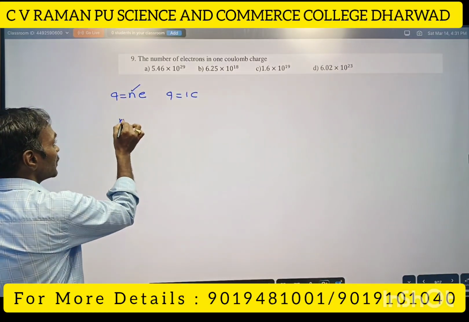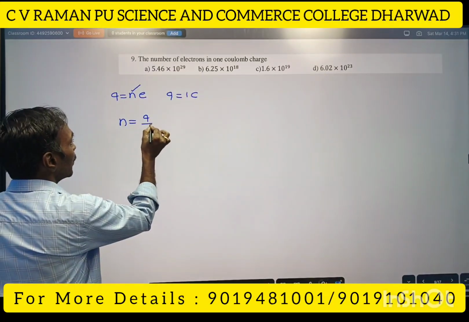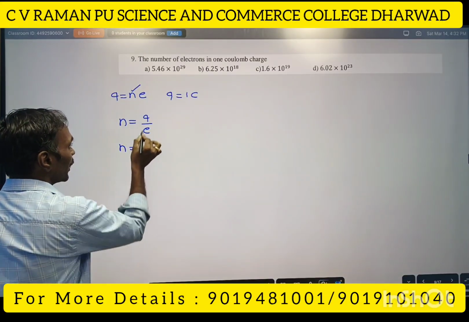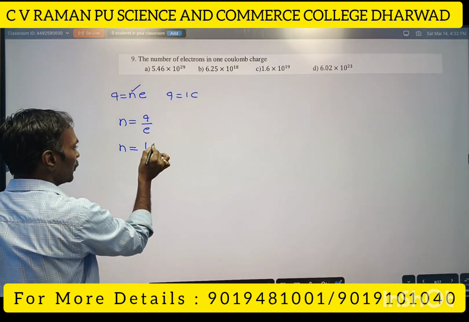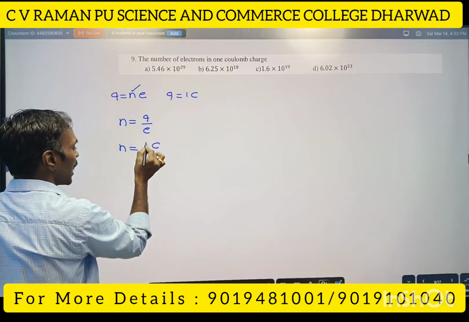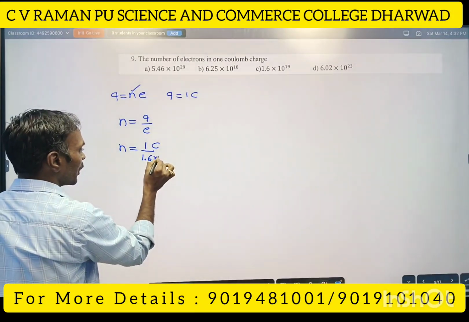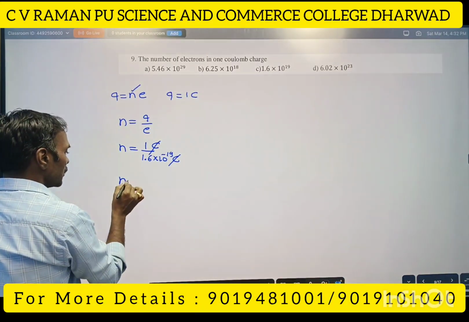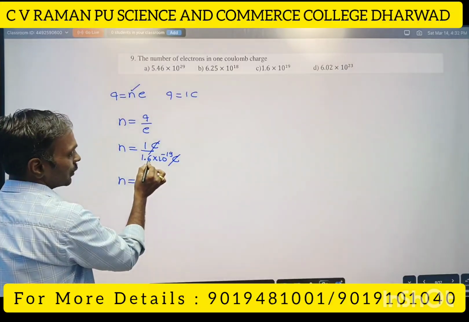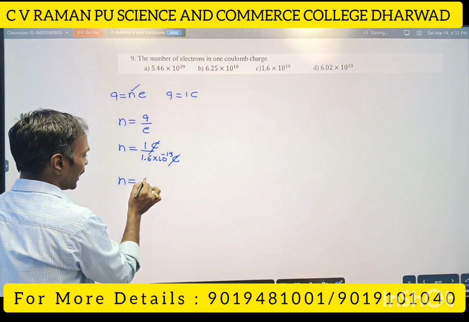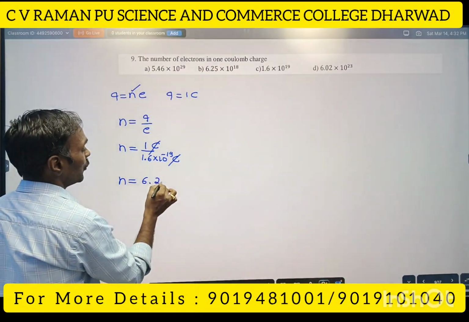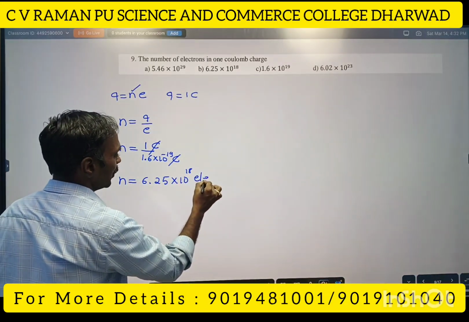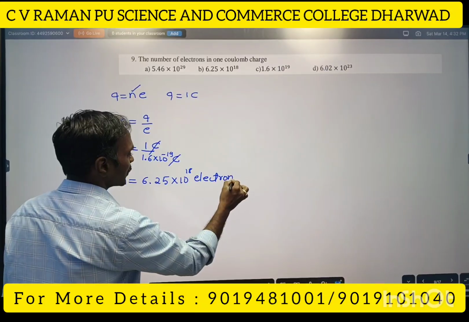On simplifying this, what can we write? N is equal to Q divided by E. What is the value of Q? 1 coulomb divided by the charge on an electron, 1.6 into 10 raised to minus 19 coulomb. So we get 1 upon 1.6 into 10 raised to minus 19, which is equal to 6.25 into 10 raised to 18 electrons make 1 coulomb charge.